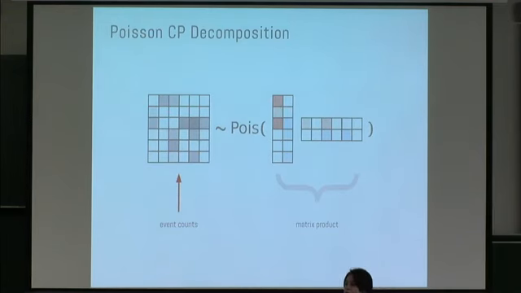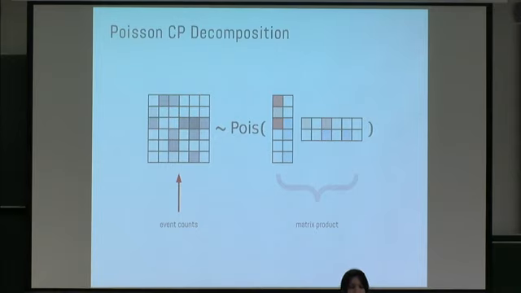So I said that we can uncover this community structure by decomposing our count matrix into two factor matrices, but how exactly do we do this? Well, we specify a probabilistic generative process involving all three matrices by which our count matrix could theoretically have been generated.